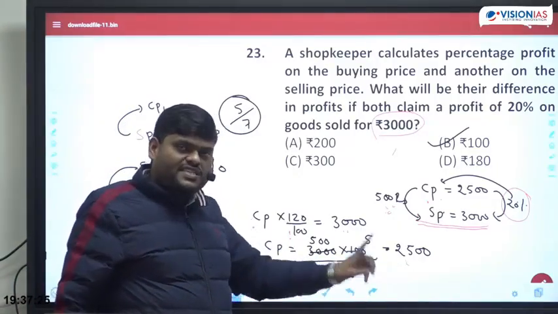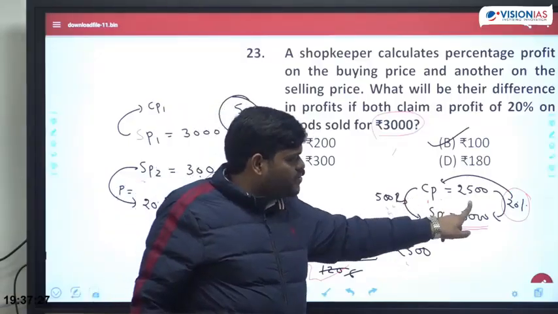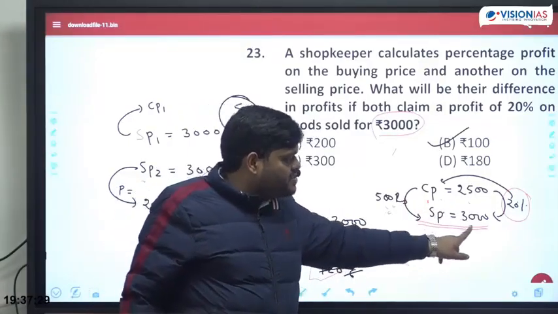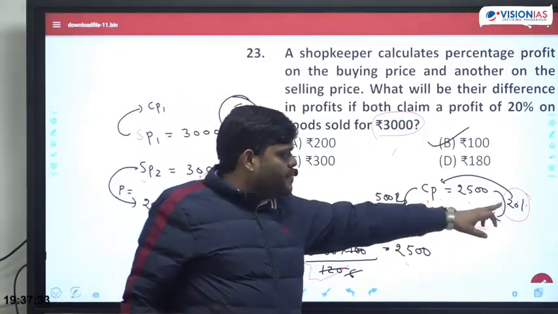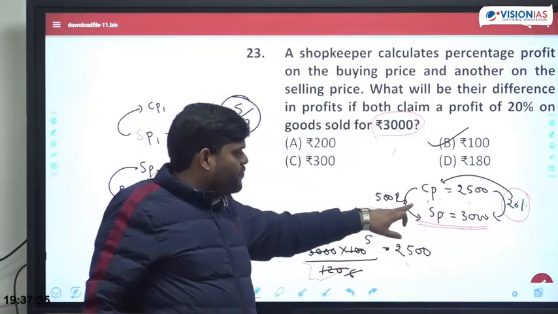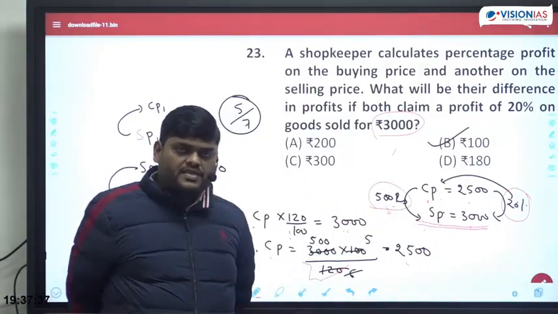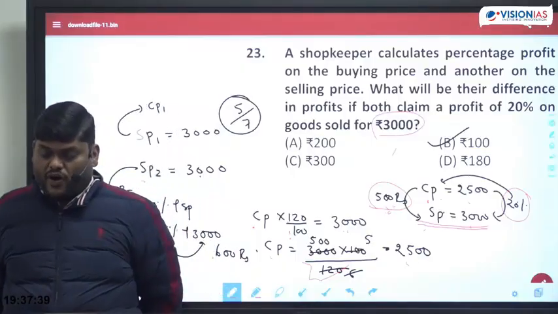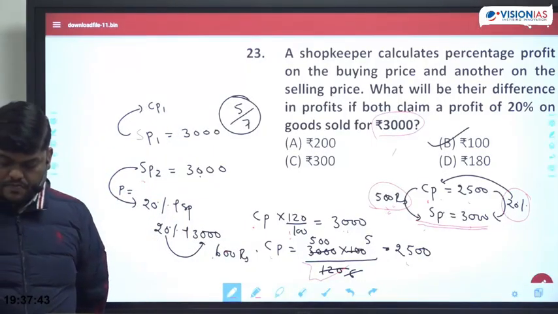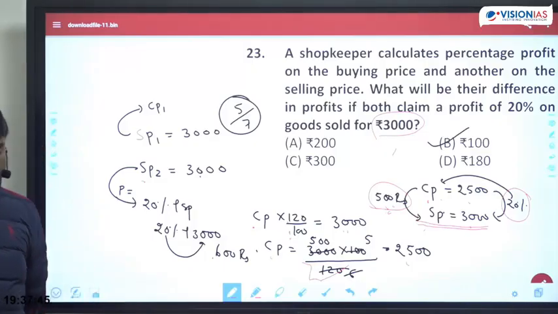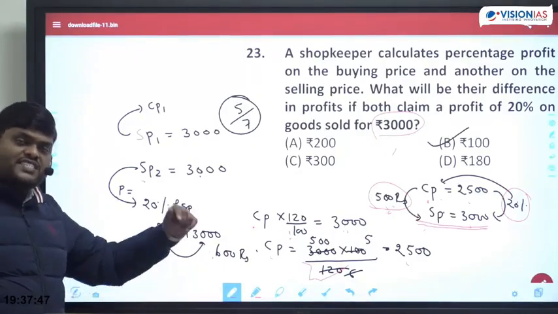That means in the first case the CP is 2500, SP is 3000. What is the profit percent? This is 20%, and how much is the profit? Profit is 500 rupees. Come to the second case.